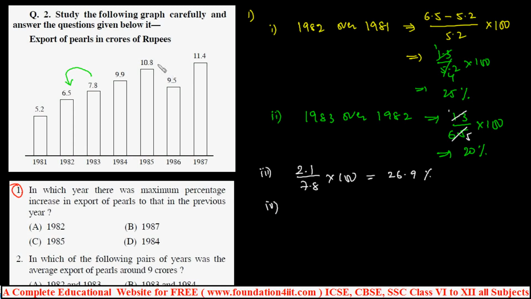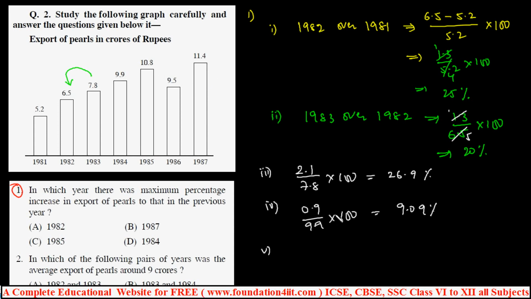Okay, this is 26.9%. Calculation is fast. Next one, 10.8 to 9.9, so 0.9 difference you can take by 9.9 into 100. This is a less value, no, 9.09 percentage. And 1987 over 86, 11.4 and 9.5. Just check the difference, which is a decrease.